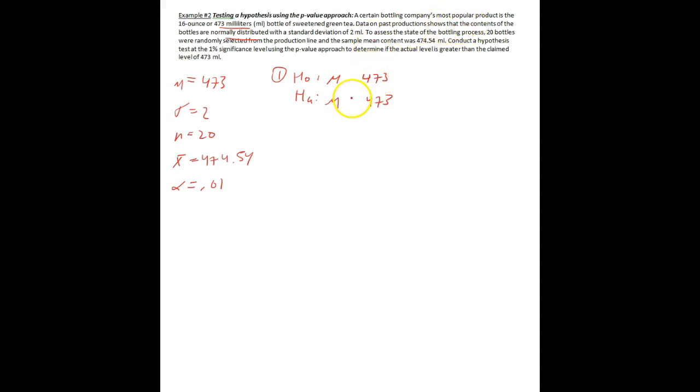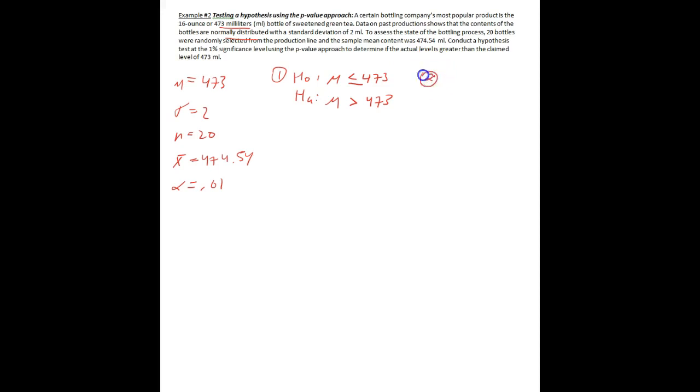So our suspicion is that it is greater than 473. And thus, what do we need to put in for H naught? We don't put in less than, we put in less than or equal to, because it needs to be a complete statement. We need to be exhaustive in that.